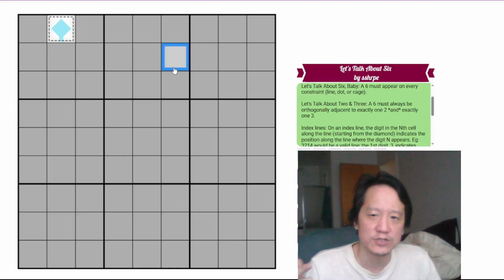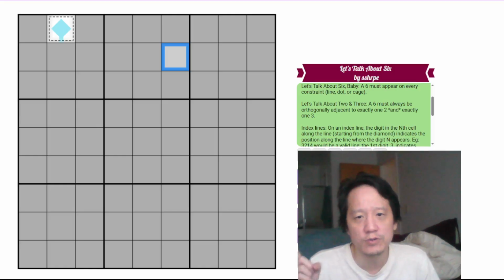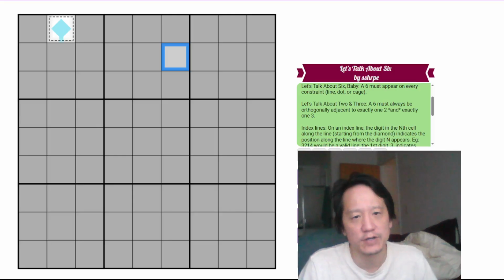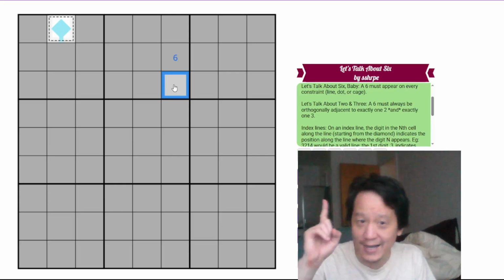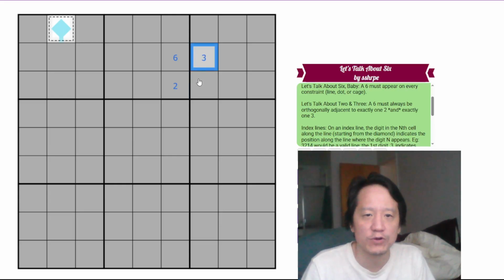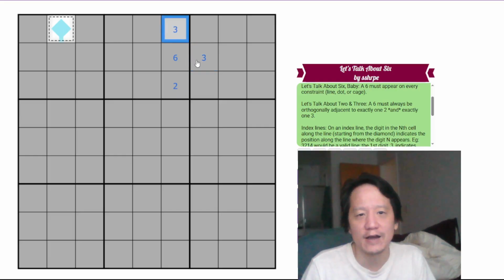And a 6 must always be orthogonally adjacent to at least 1, 2, and exactly 1, 3. So if this were a 6, it has to be orthogonally adjacent to exactly 1, 2, and 1, 3. But it can't be 2, 3. So this is not allowed here.